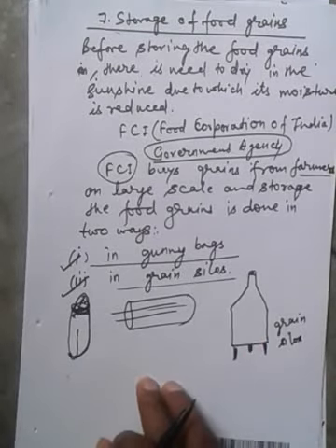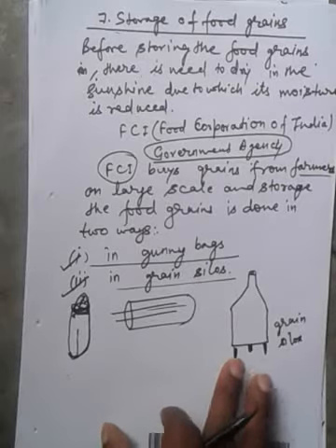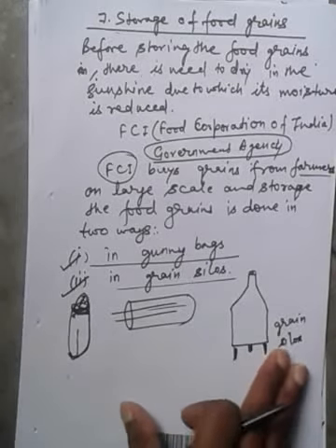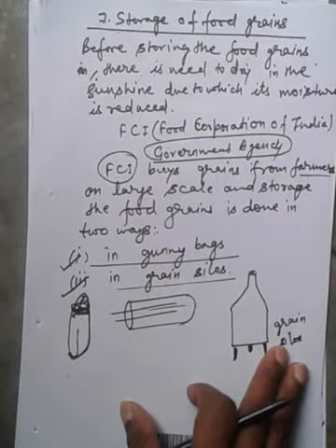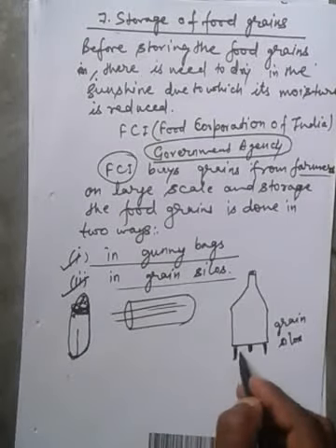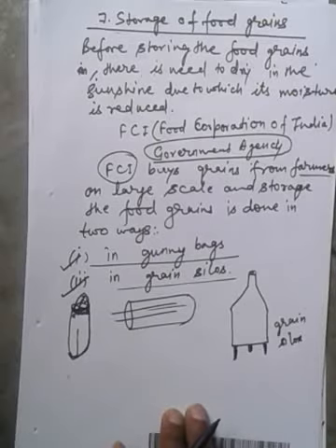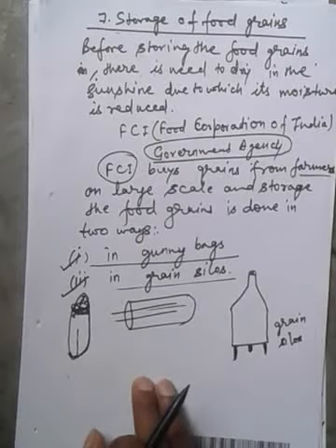Some chemicals are also used to prevent the food grain from fungus and molds, and it also prevents it from getting moisture from the ground.